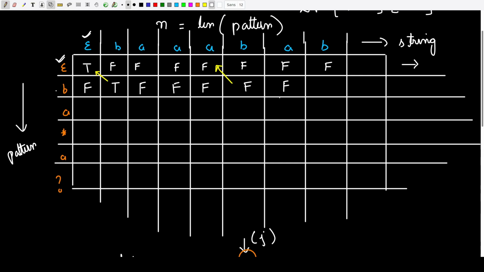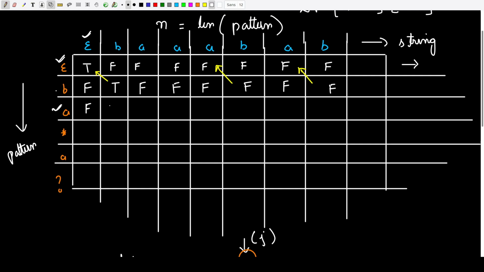In this position this is false since the character does not match. Again, the last character matches, but the value over here is false, because of which we are going to mark it as false. Now let's proceed forward. For this, again we are trying to match a pattern with an empty string, so the value will be false.